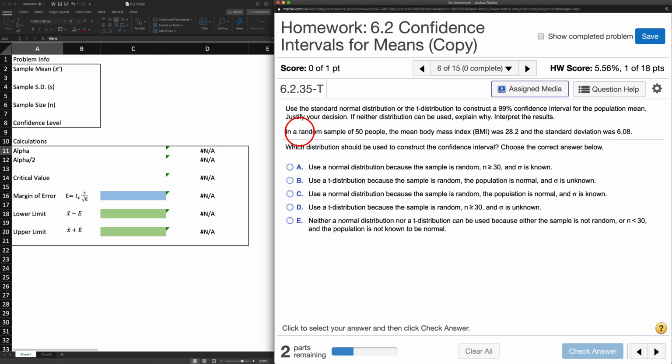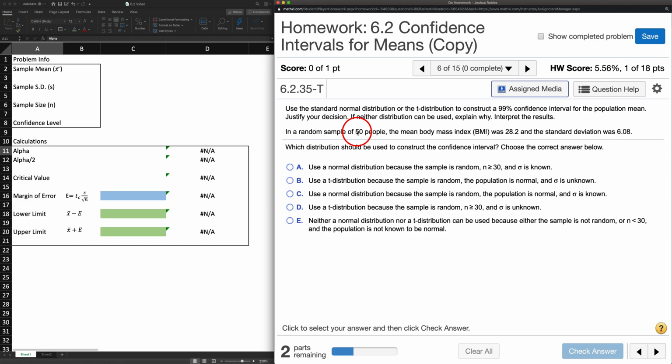So now we need to make sure that the population is normally distributed, or the sample size is at least 30. The sample size here is more than 30, it's 50, so we can use either the z or the t distribution.